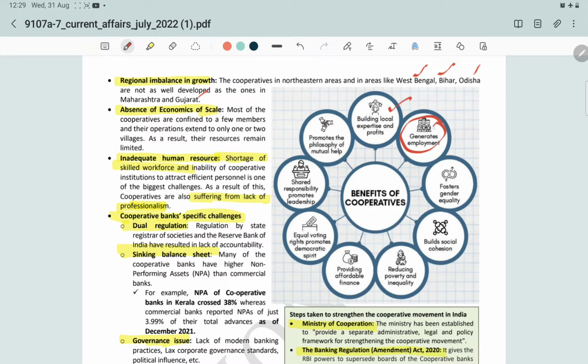It generates employment, it fosters gender equality, it helps in building social cohesion, it helps in reducing poverty and inequality, it provides affordable finance, and the equal voting rights promote the democratic spirit, and the shared responsibility promotes leadership, and it also promotes the philosophy of mutual help.